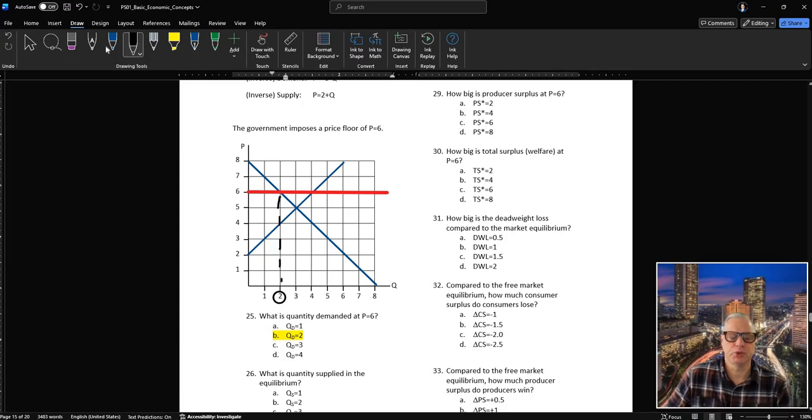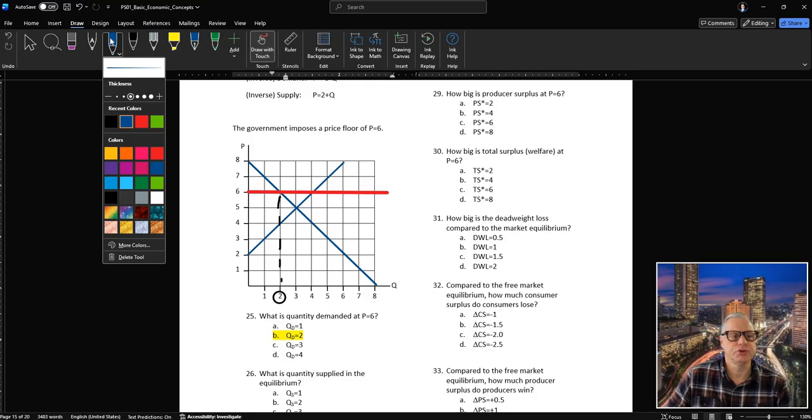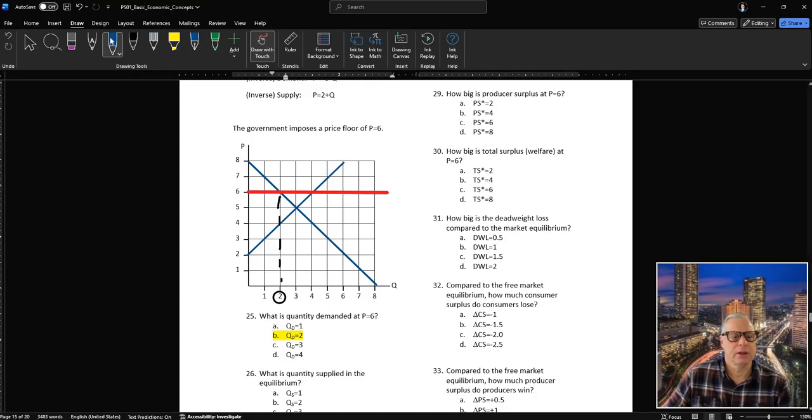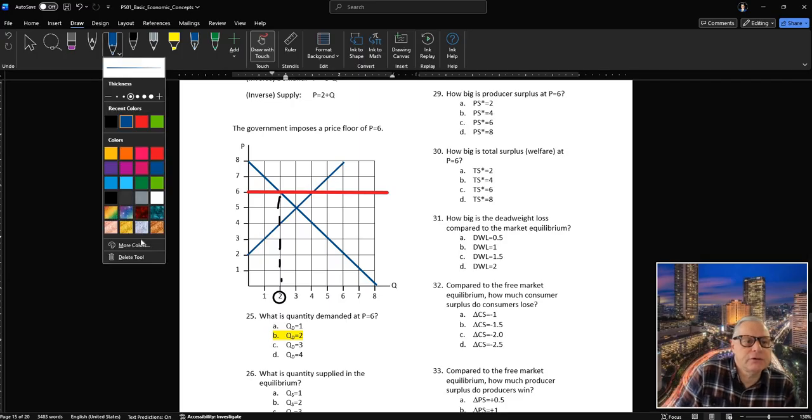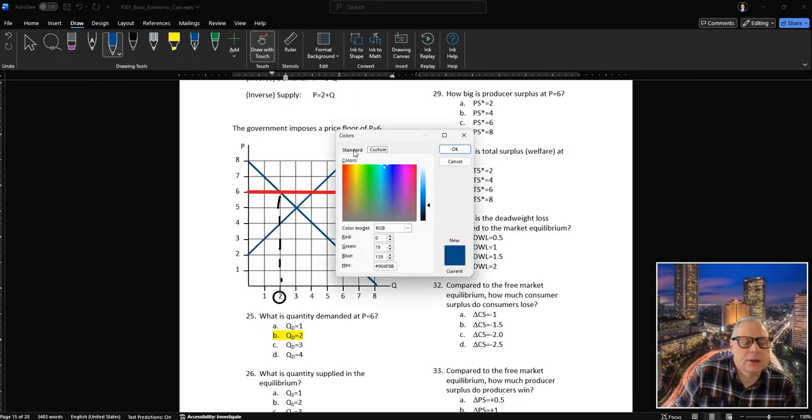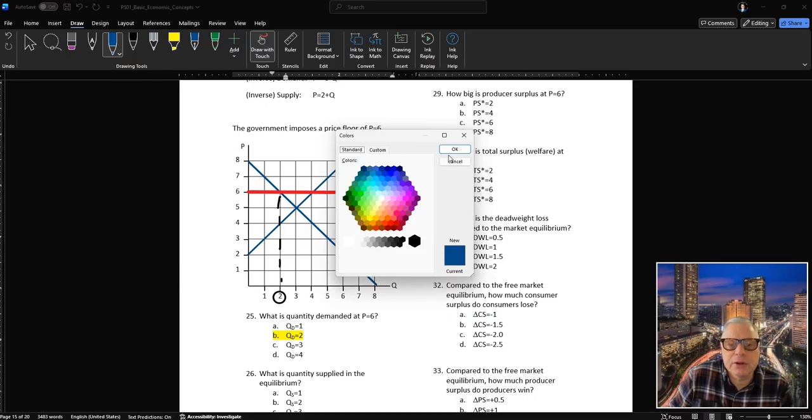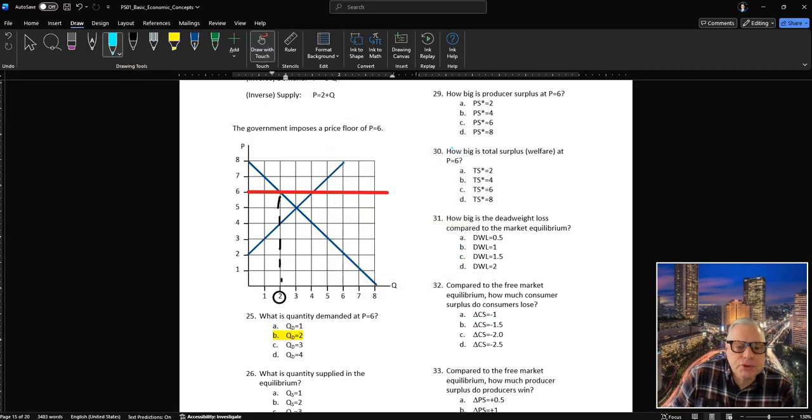How big is producer surplus? Okay, so now producer surplus is a combination of, let me see if I can get our old colors at least. So I just outline it. So consumer surplus is this area here, and that's producer surplus.